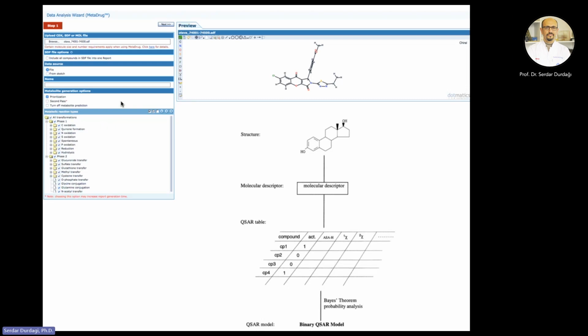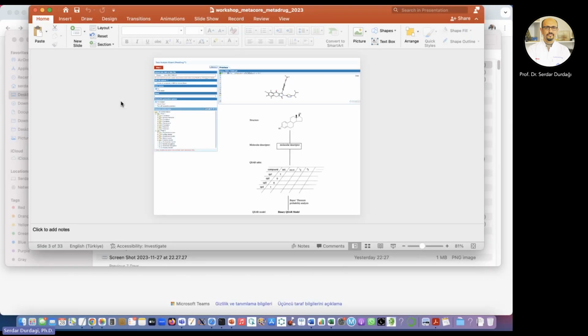What you need to do is go to the server and upload your structure, or you can draw it. I think I can show you in a simple way.